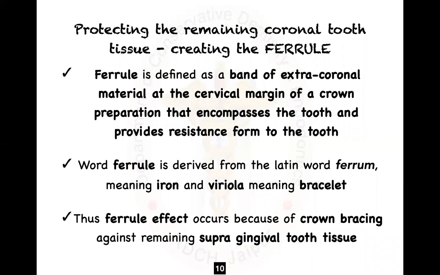The word ferrule is derived from the Latin word ferrum, meaning iron, and viriola, meaning bracelet. Right? It is acting as a bracelet. Thus, when we talk about a term called the ferrule effect, this effect occurs because of crown bracing against the remaining supragingival tooth tissue.